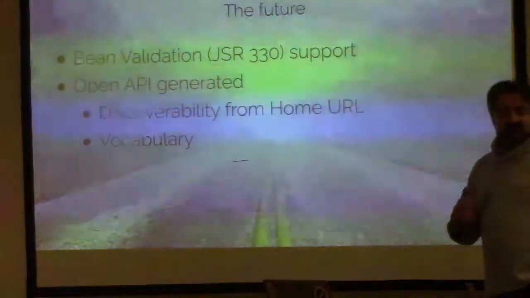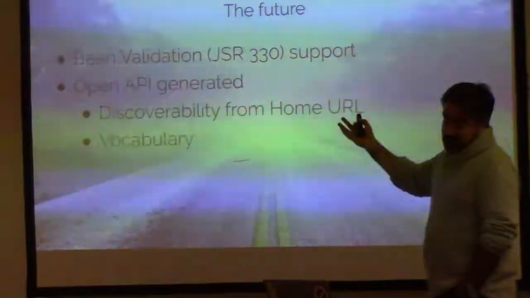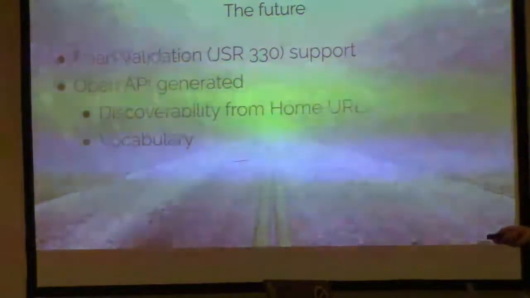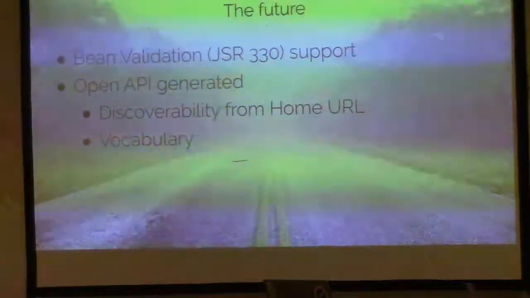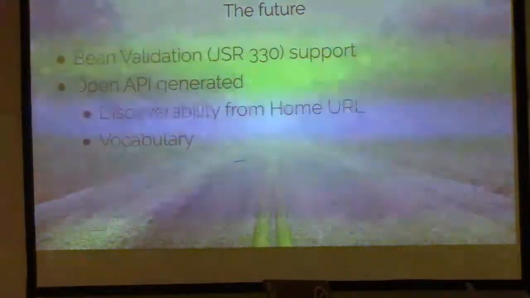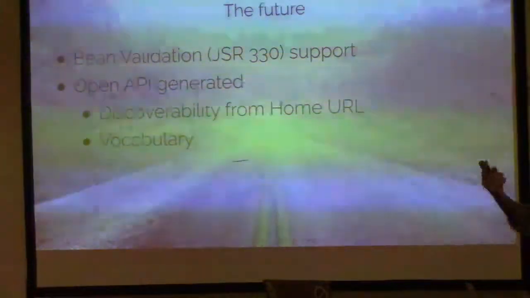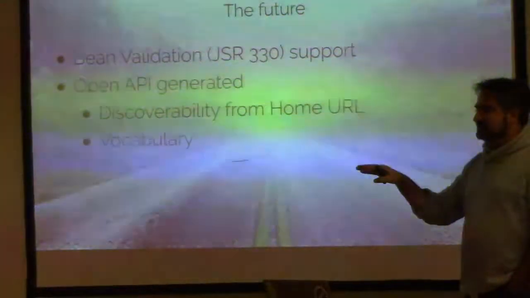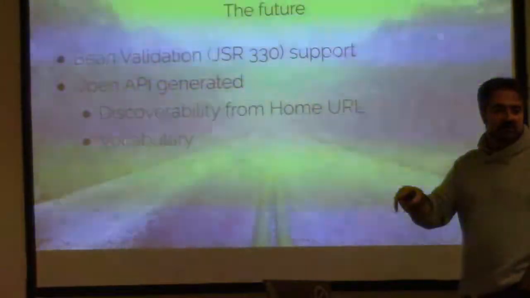The idea is that we are going to add this kind of validation for our APIs. And also, about the documentation, we can generate it very easily because we have one home URL and all our API can be navigated from that home URL.